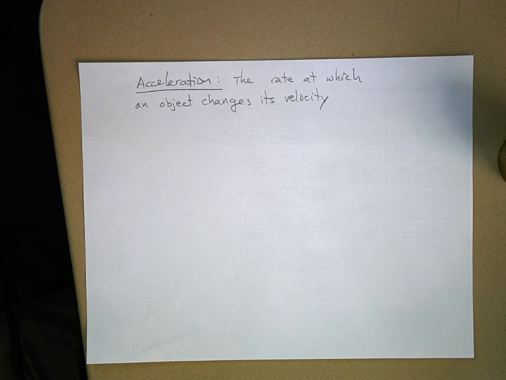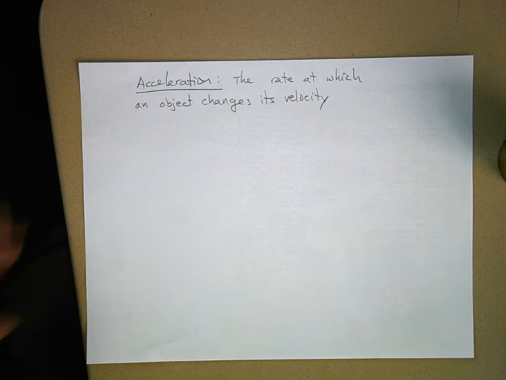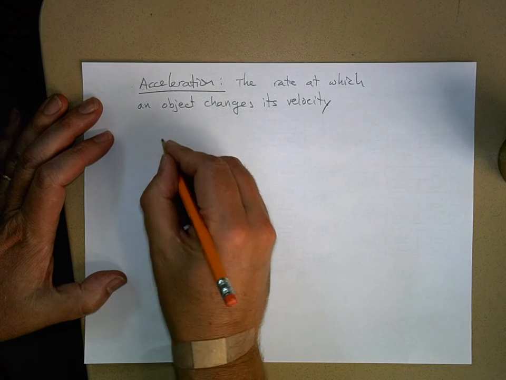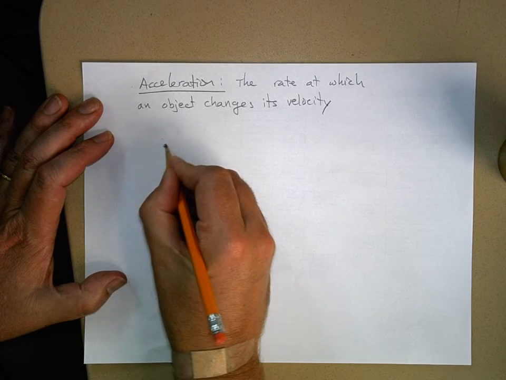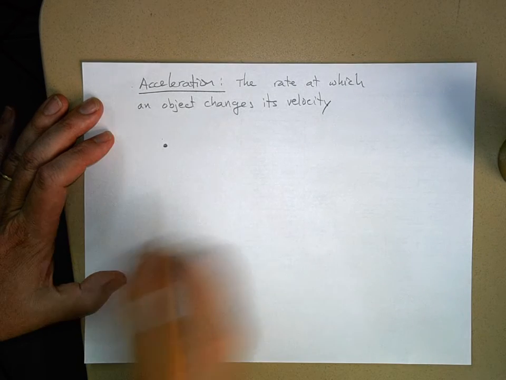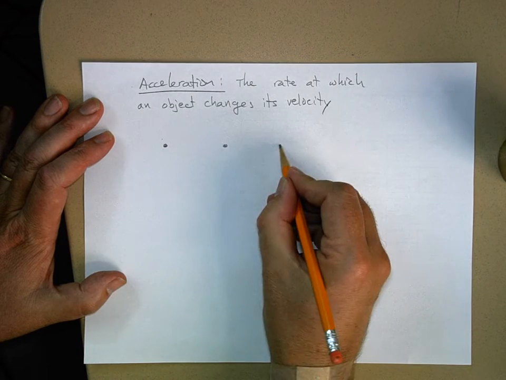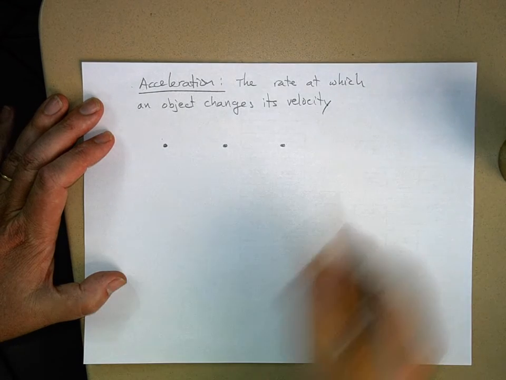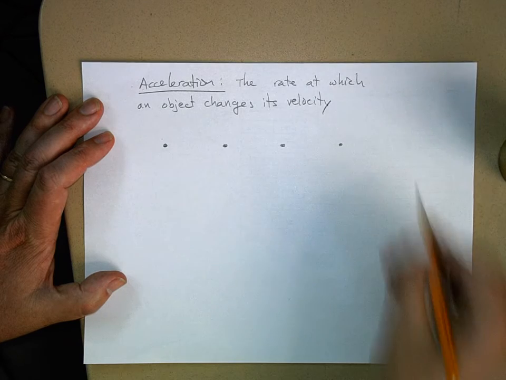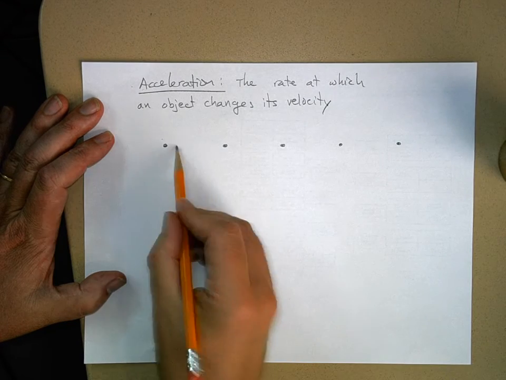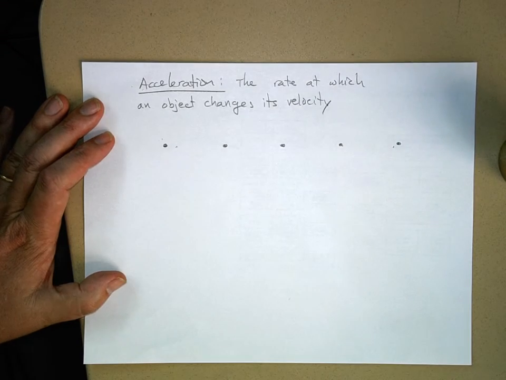All right. So if I have an object that's moving, let's say I open my eyes and the object is right here, and then I open my eyes again and the object's over here, and then over here. Let's say every second I'm looking where that object is. Does that make sense?